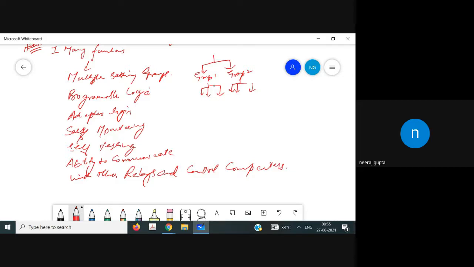Whenever you install such a relay in the substation, generally the first group is for the utilities and the second is meant for backup. So multiple outputs are available from this kind of relay, and that is called multiple setting groups.